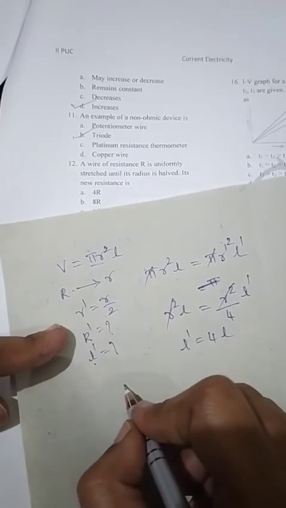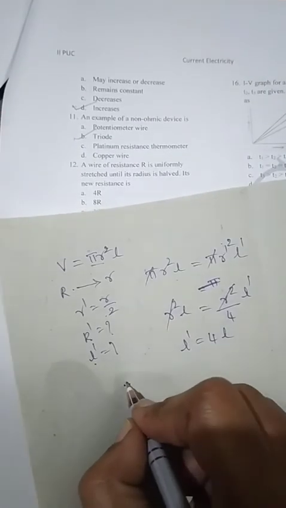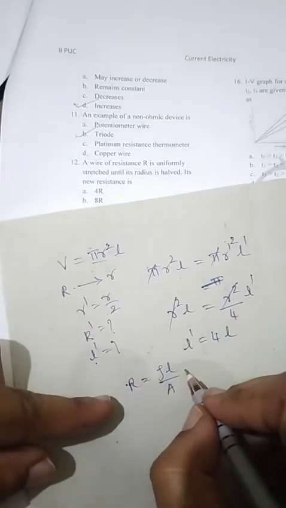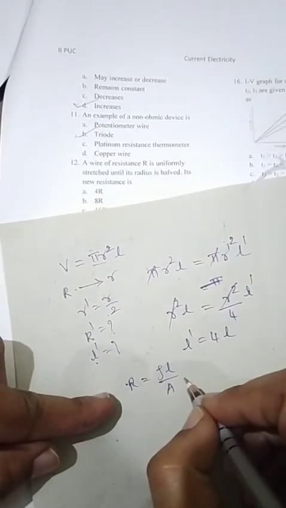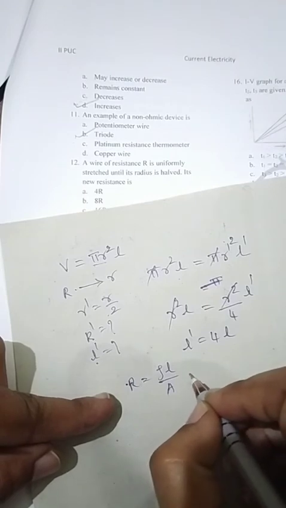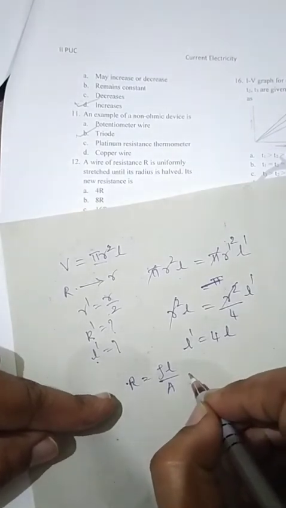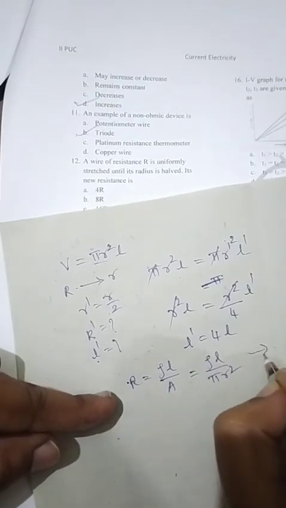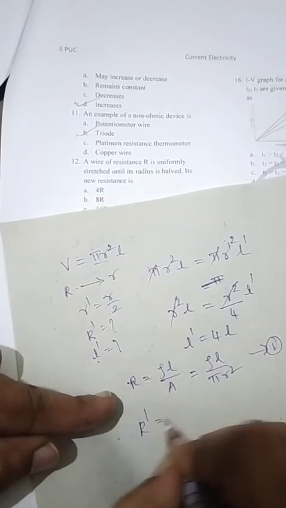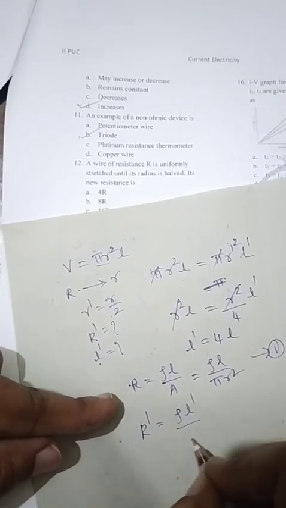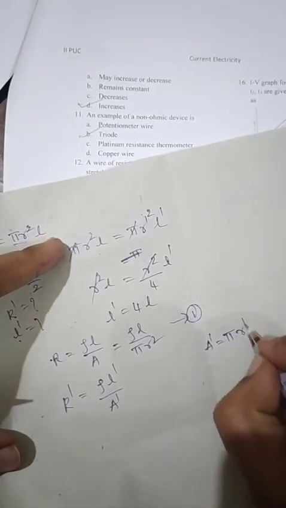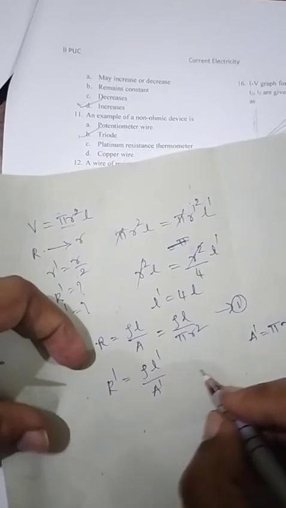Now, we know that R equals rho L divided by A, where A is pi r square. So R equals rho L divided by pi r square. Call this equation number 1. For the new resistance, R dash equals rho L dash divided by A dash, where A dash is pi r dash square.